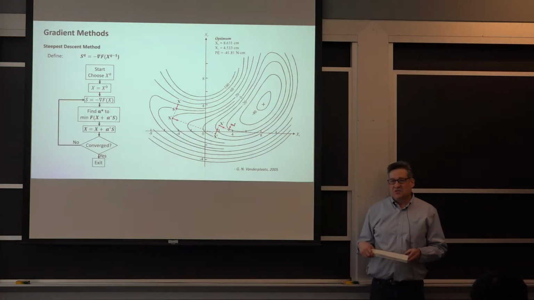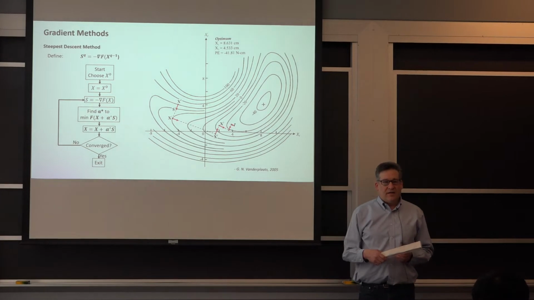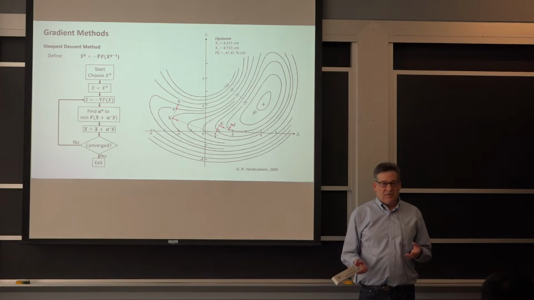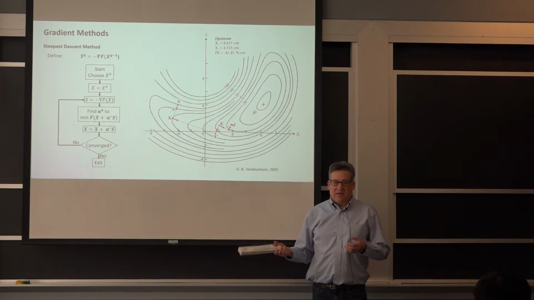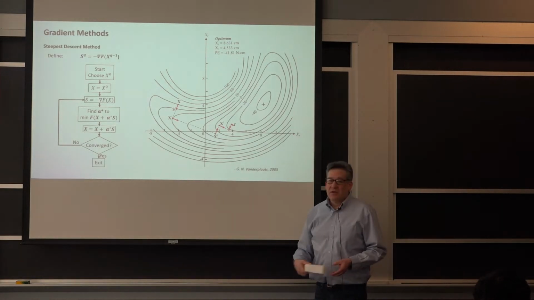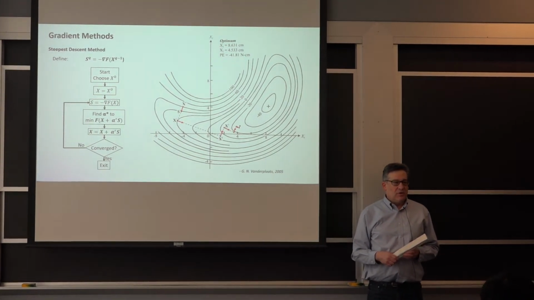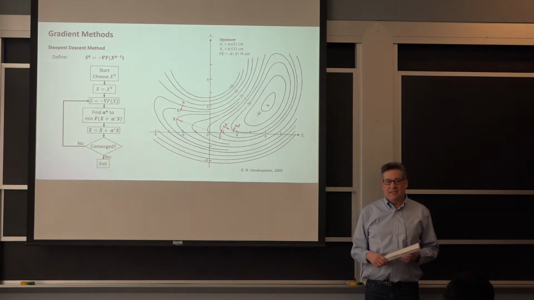That gives you the search direction, and then you pick a step length, so how far you're going to go until you calculate the value of the objective function again. Then at that point you decide whether you've gotten worse or better, in other words, closer to a maximum or minimum, and then you calculate the gradient at that point and pick the opposite direction, and so on until you converge to a point where you stop getting lower and lower values, or you start going up again, or vice versa if you're finding a maximum.